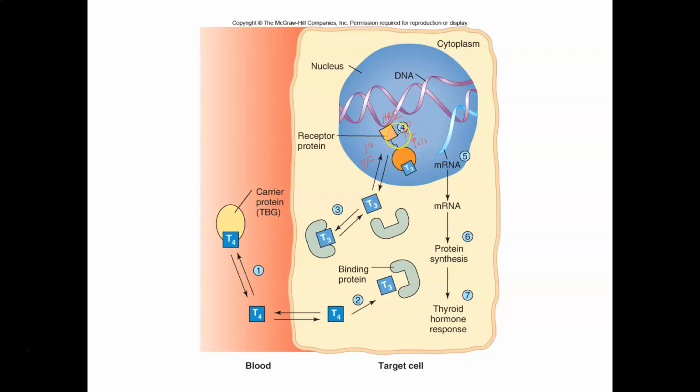That would be the heterodimer that then is going to allow for the transcription of the target gene. Once you have transcription, you produce the messenger RNA. Messenger RNA leaves the nucleus. Then you have the translation process where you produce your proteins, and those proteins can give us the thyroid hormone response.